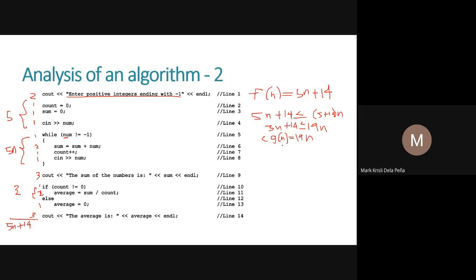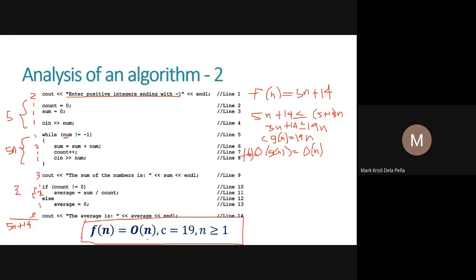Therefore, the big O of our function is the big O of our g of n, which is equal to n. So that's how we analyze or get the big O notation of our function. So you have f of n, this will be our final answer. The big O of f of n is n.